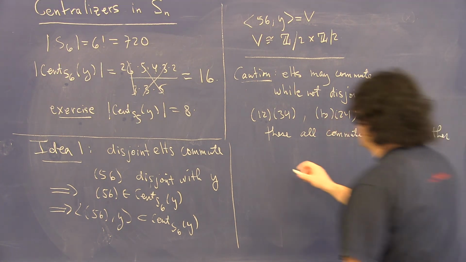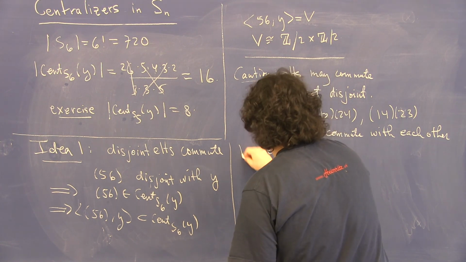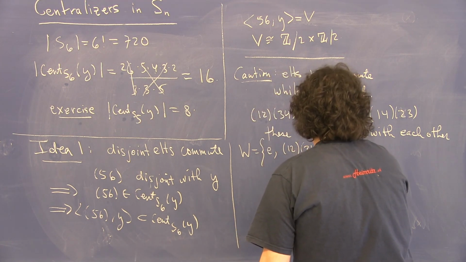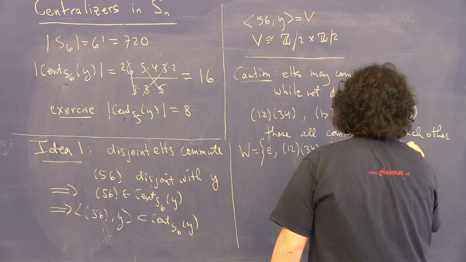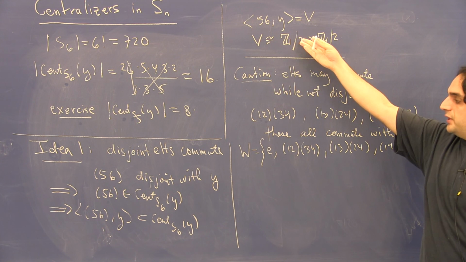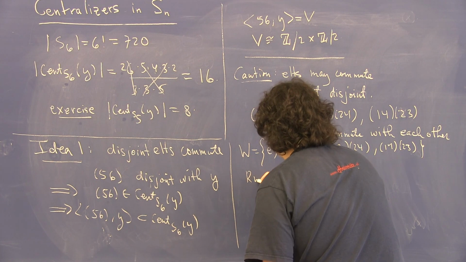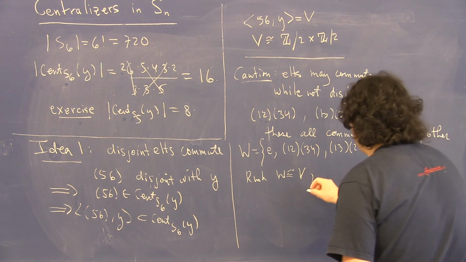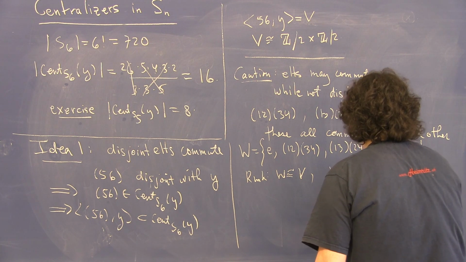And they're kind of famous because if we put them together, and we call W the subgroup {e, (1 2)(3 4), (1 3)(2 4), (1 4)(2 3)}, we get a subgroup of S4. It is isomorphic to this V. Remark, W is isomorphic to V, and the nice thing about it is that W is a normal subgroup of S4.